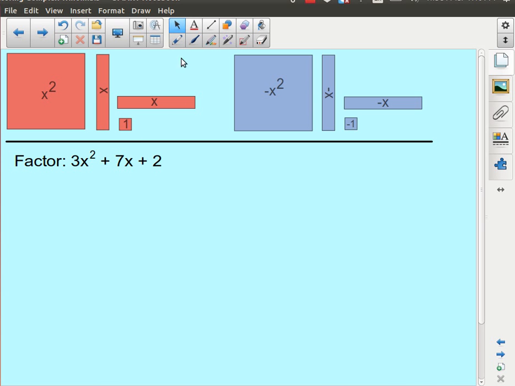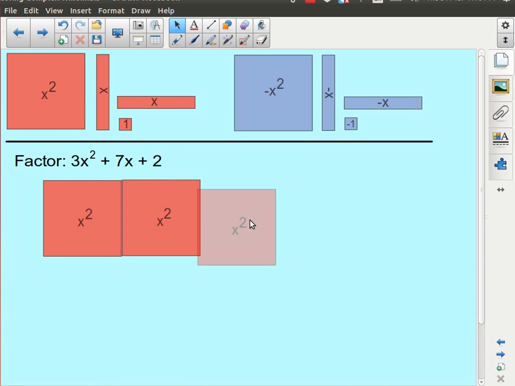As I have before, I'm going to start by introducing this through algebra tiles. The way that we factor using algebra tiles, it's a visual model, and we start by building an area based on these components. So I normally like to start in my top left-hand corner with 3x squared in this case. I could have done this horizontally or vertically, but I'm doing it horizontally because of screen space.